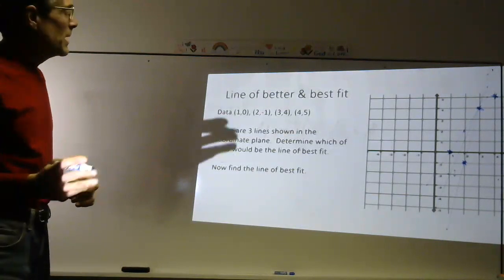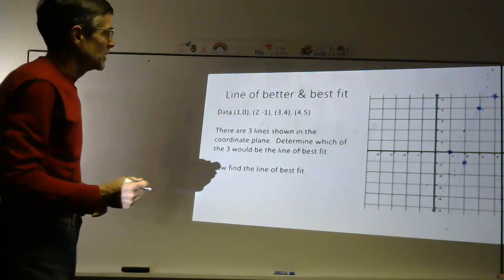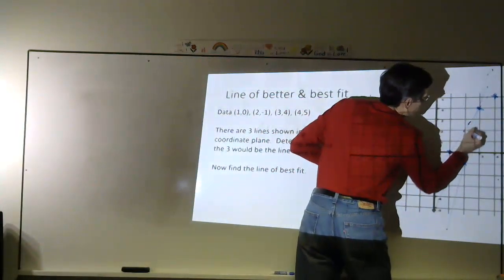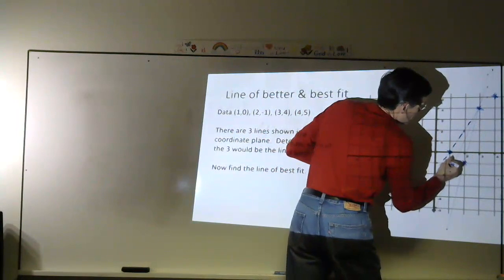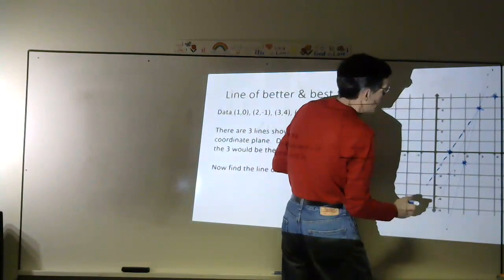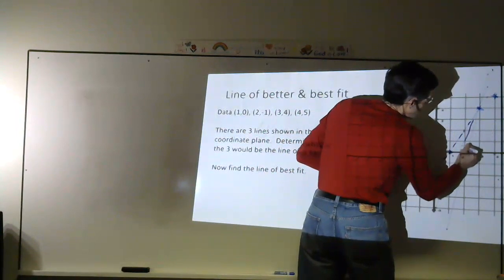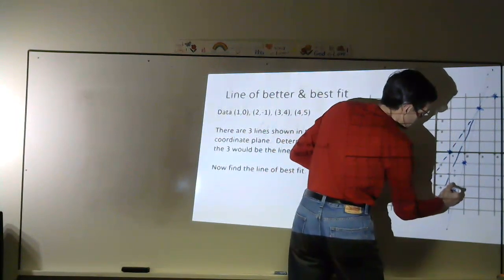Now, the lines may be a little tricky to see, so I'm going to try to highlight those. Here is one of the lines coming down through like this. Here's another one that is coming down through like this.